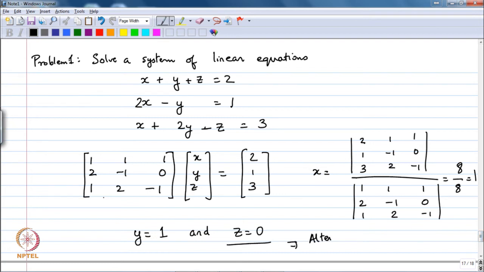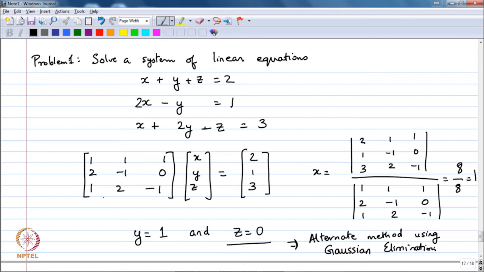There is an alternate, equivalent method using a technique called Gaussian elimination. In this you do various elementary row operations and convert your coefficient matrix to a diagonal matrix.